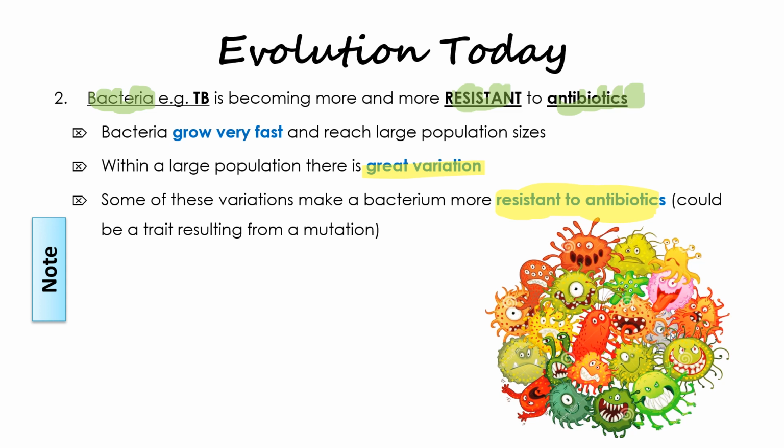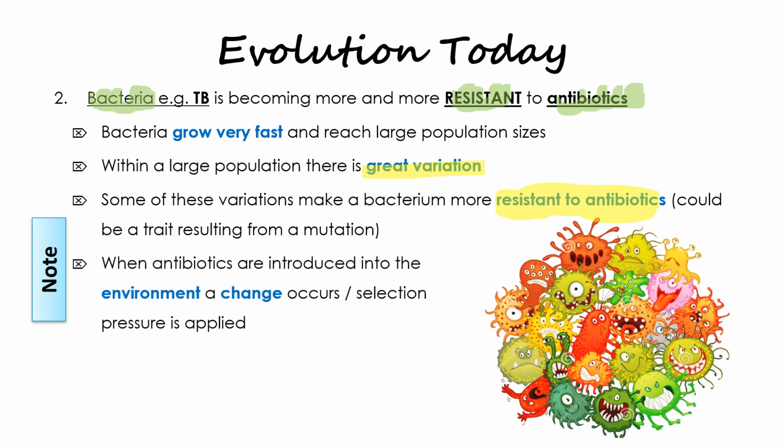Some of these bacteria are not resistant, and when the antibiotics are applied, they will die. Right, so when something happens, when the antibiotics are introduced, those that are resistant will be able to survive, those that are not will die out, and over many generations, you have developed basically a superbug. You have developed a population that is resistant to the antibiotic.